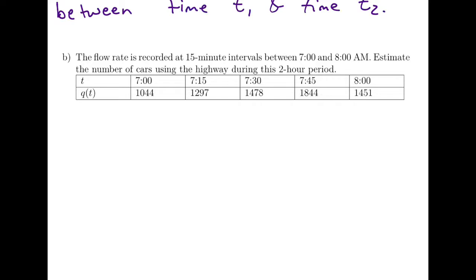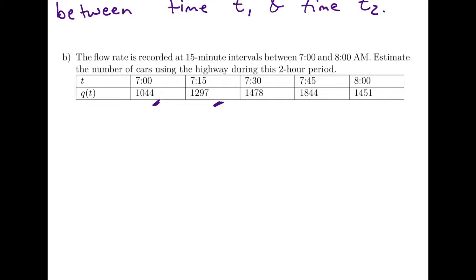If we break this up, this is the first 15, the second 15, the third 15, and here's the fourth 15. For each 15-minute interval, you can either pick the first rate or the second rate.